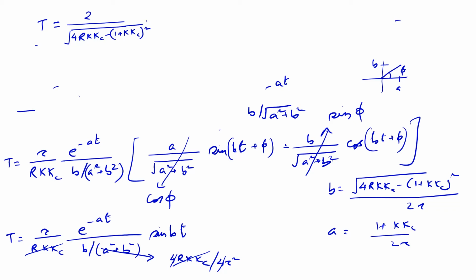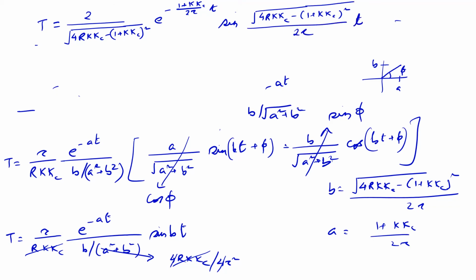That's the b part, and then e to the power minus 1 plus kkc divided by 2 tau times t times sine of square root 4 r k kc minus 1 plus k kc whole square divided by 2 tau times t.